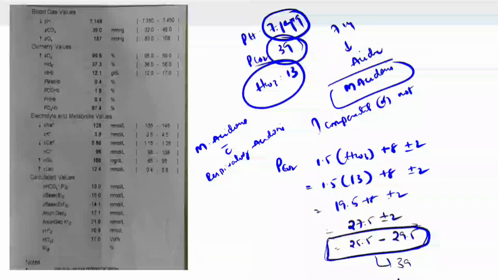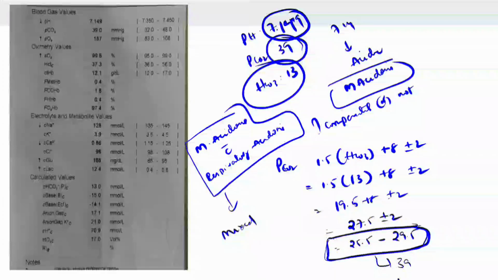It is here 39, so it is acidic in nature. This example is metabolic acidosis with respiratory acidosis, so it is called a mixed disorder.